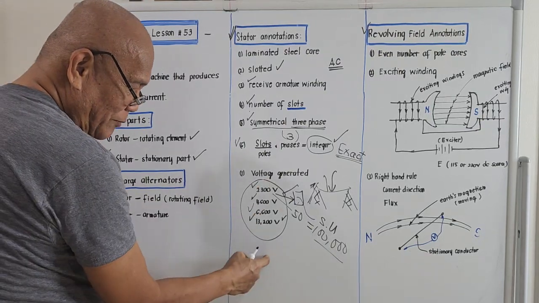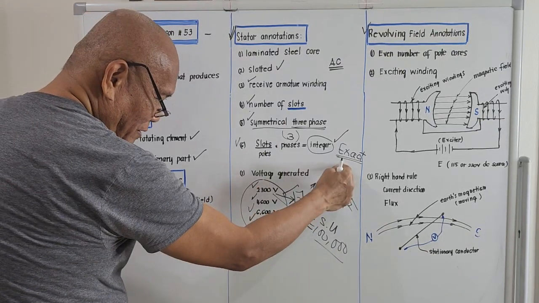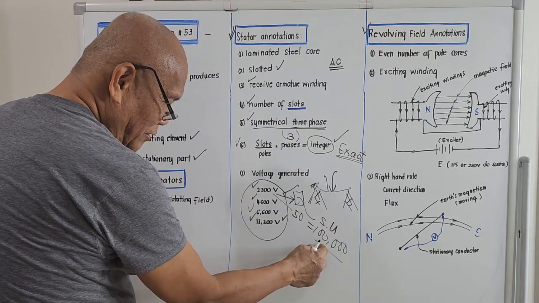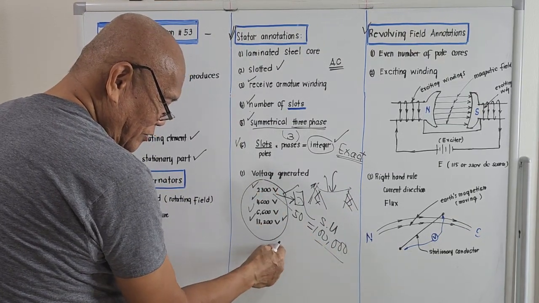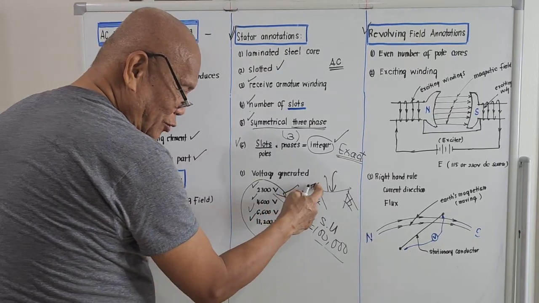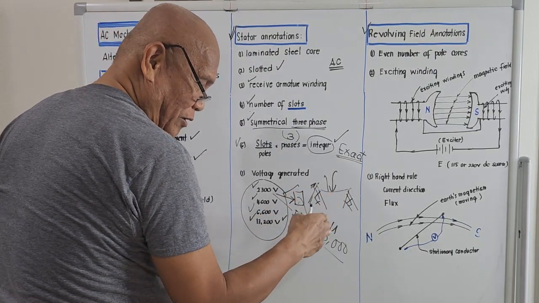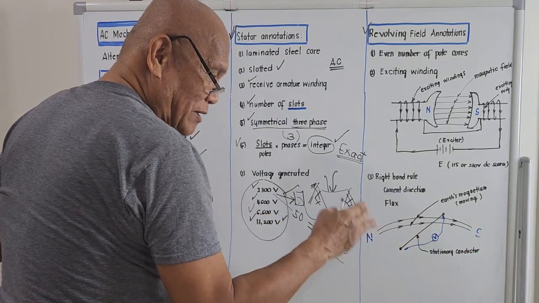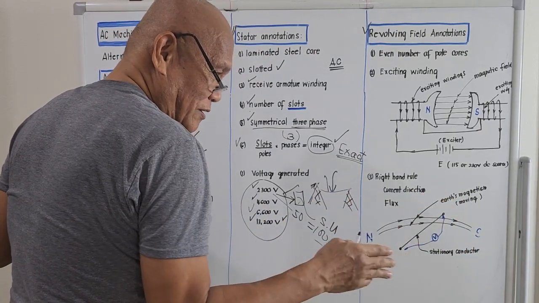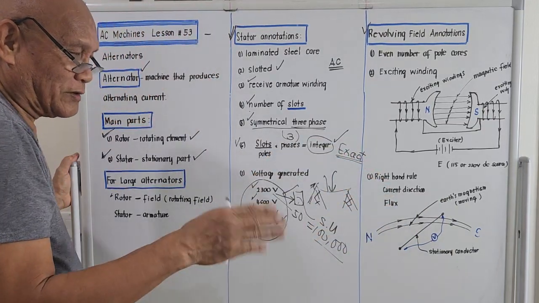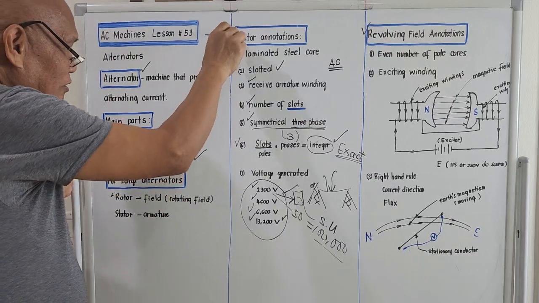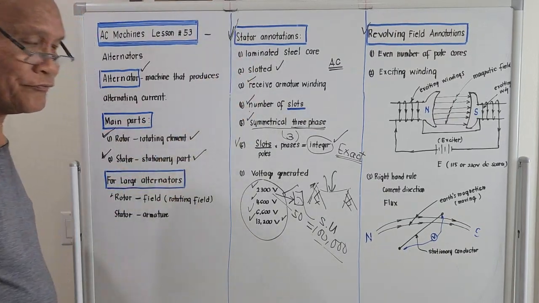And before we feed it to the transmission line, we feed this to a step-up transformer to increase its value, so that when the voltage travels 500 miles or longer, there will still be a big voltage at the far end, which clients will use after stepping it down. That's the so-called stator annotation.